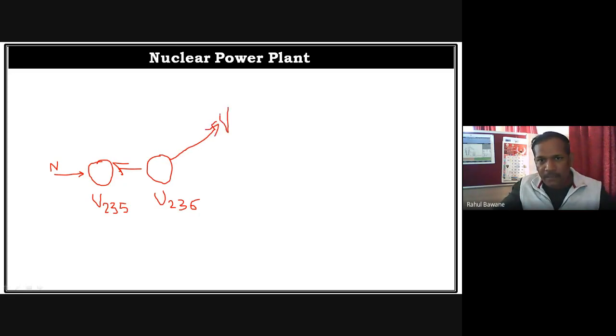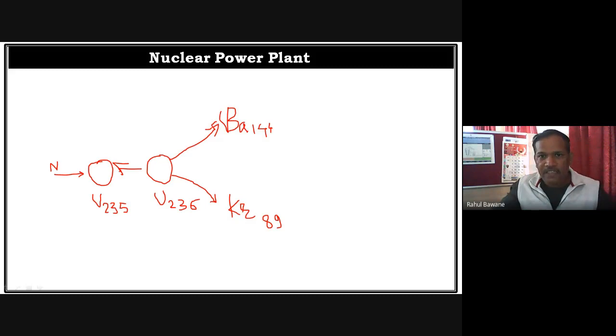One is barium, which has a mass number of about 144, and the second part is krypton, which has a mass number of 89.